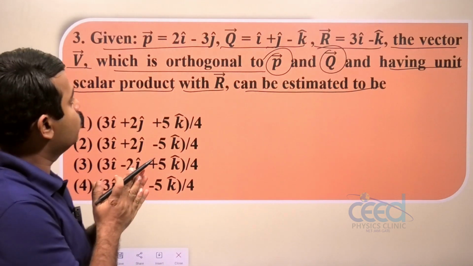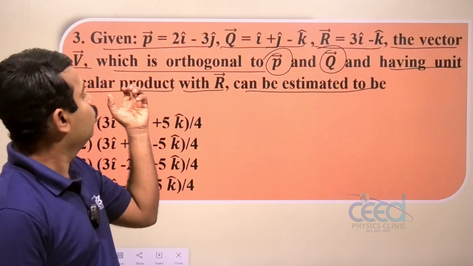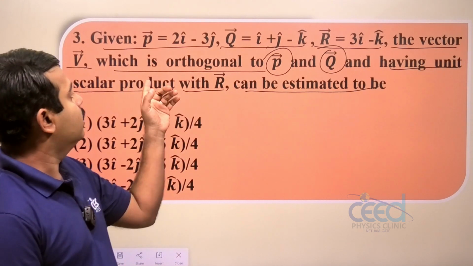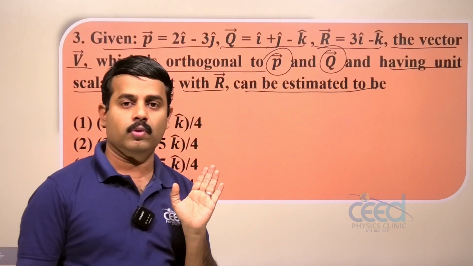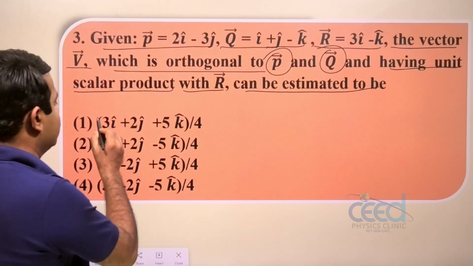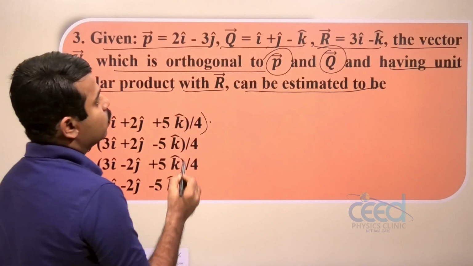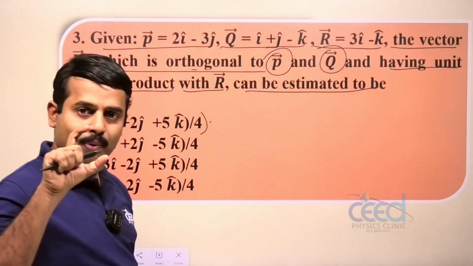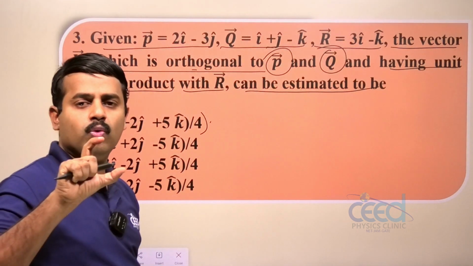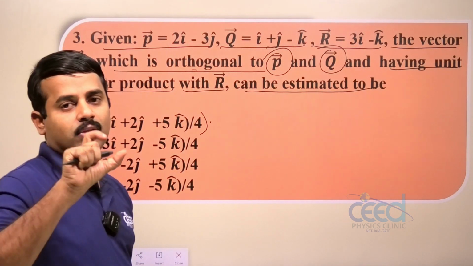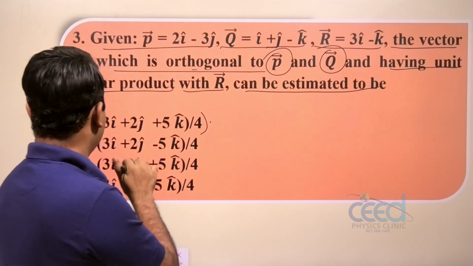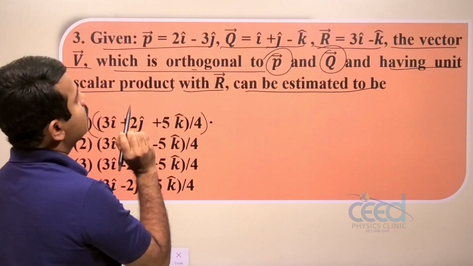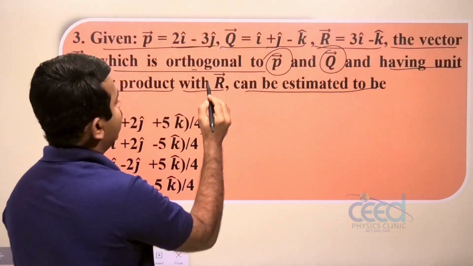The condition is that it should produce unit scalar product with R and be orthogonal to P and Q. So randomly we can check, taking the first option. Orthogonal to P and Q means perpendicular, so we should get dot product 0 with V. P is 2 i cap minus 3 j cap.